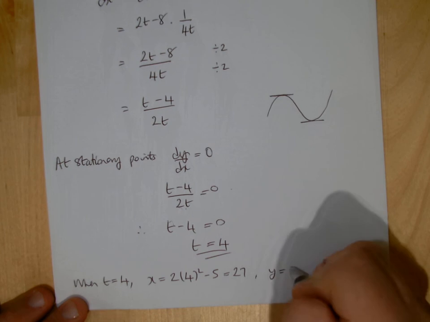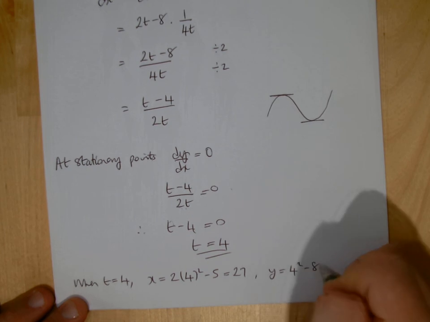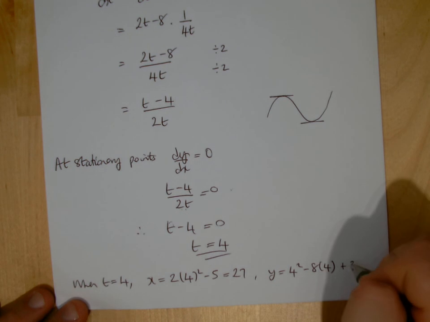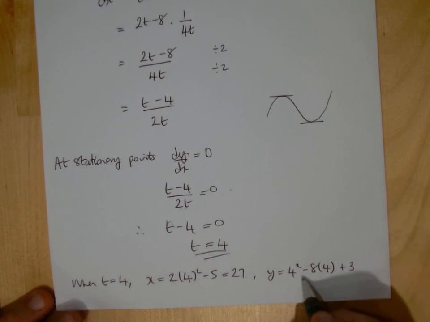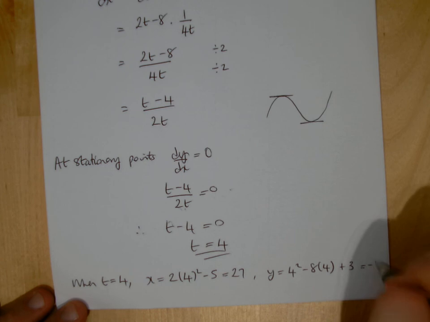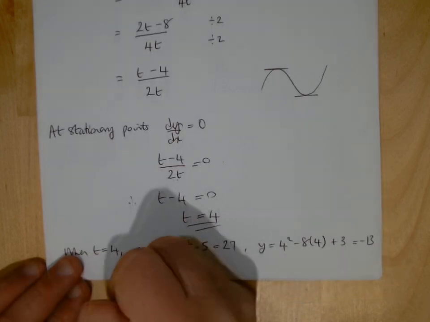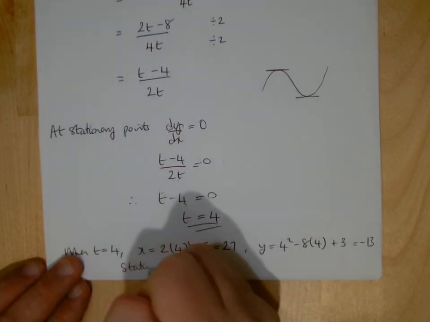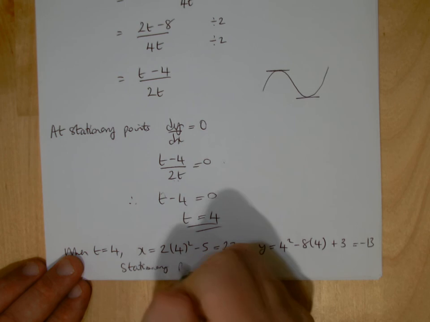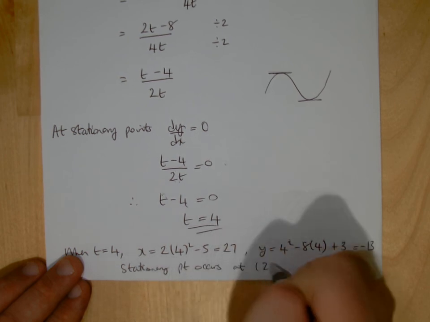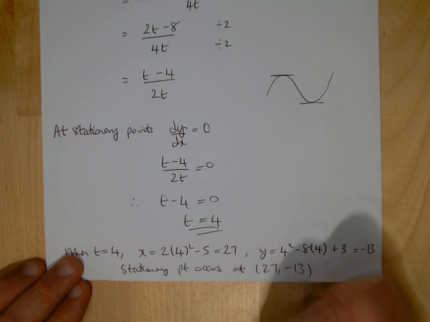And y will equal 4 squared minus 8 times 4 plus 3. Okay, so I get −13, I think, there. So the stationary point, I can say, occurs at (27, −13).